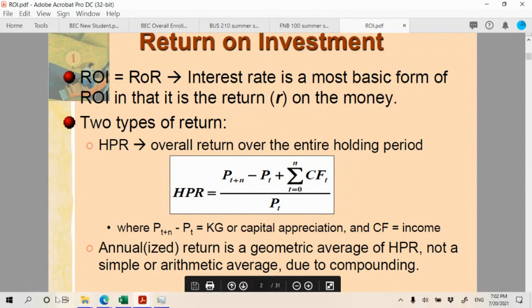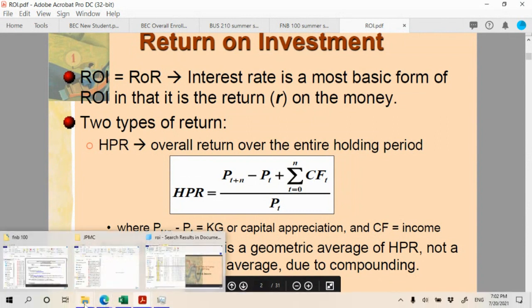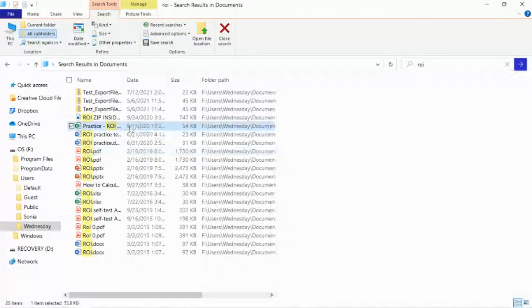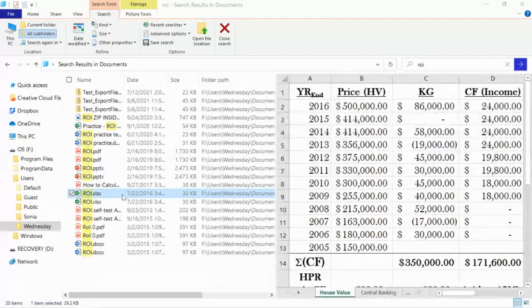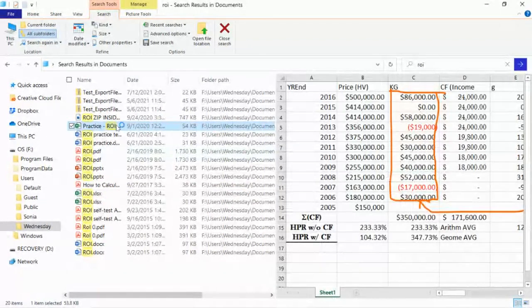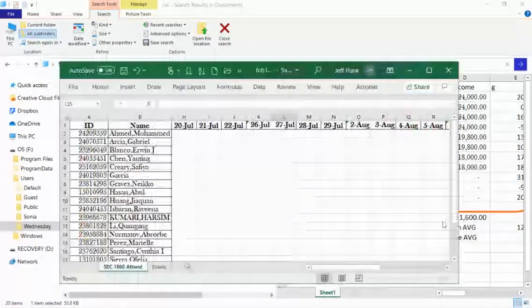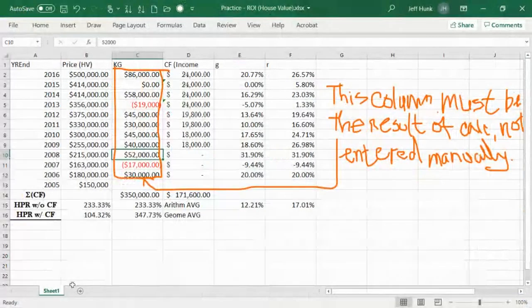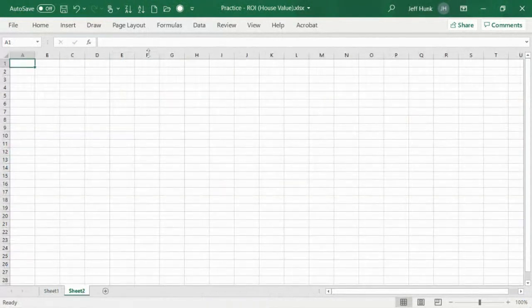I think I better use, let's see. It will be easier if I write it down.